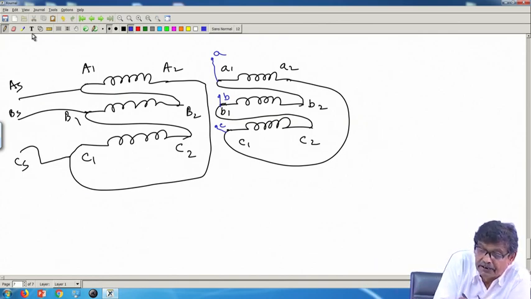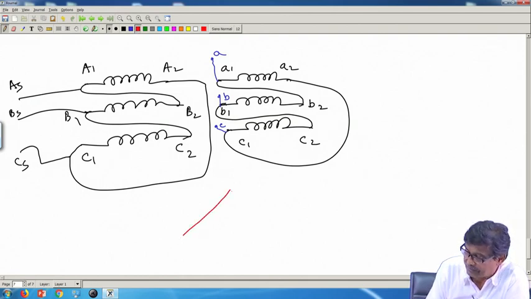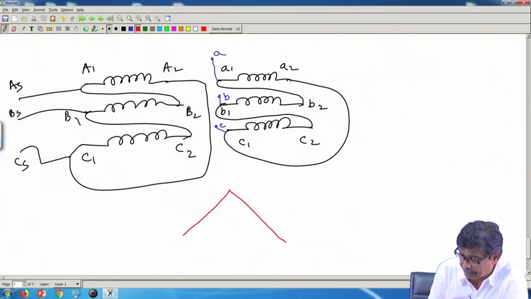Now, what should I do? Delta connection, draw supply AS, BS, CS.